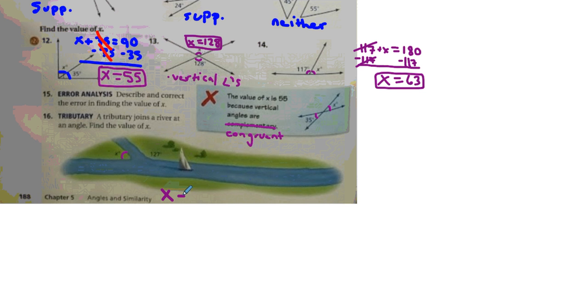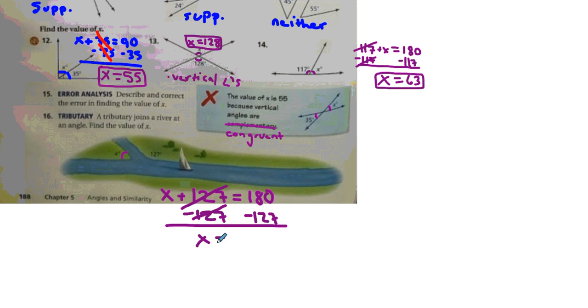So subtract off the 127 from both sides, and you get x by itself. And 180 minus 127 is 53, and that is the answer to the last question.